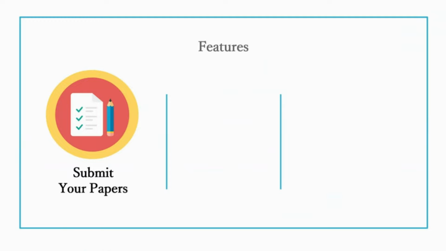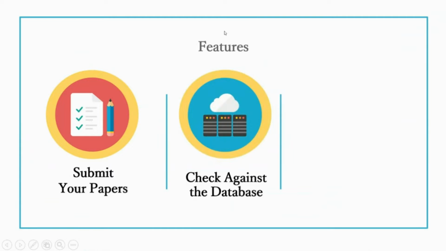The steps are very simple. First, submit your document to Turnitin. Then it will be checked against the archive database and provide you the similarity report within 15 minutes to several hours.